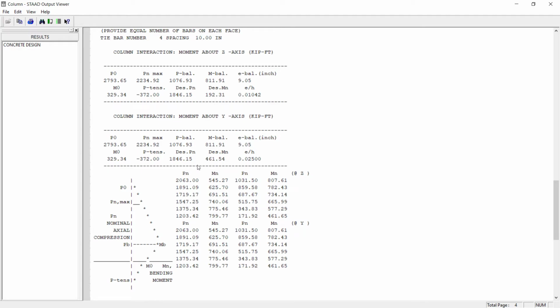Same thing is repeated for Y. The only difference is the moment in Y direction is 461.54. If you remember, in our example, Pn was calculated as 1846.